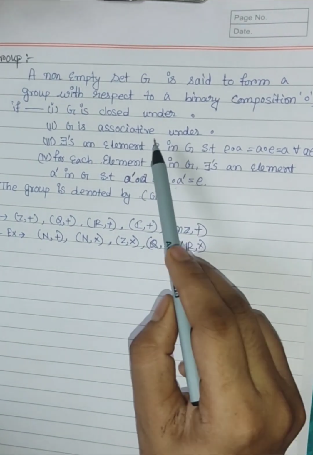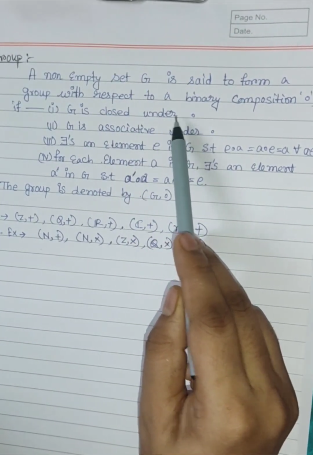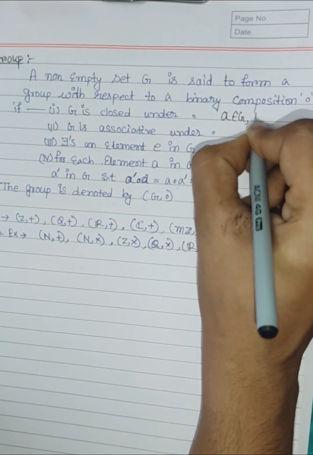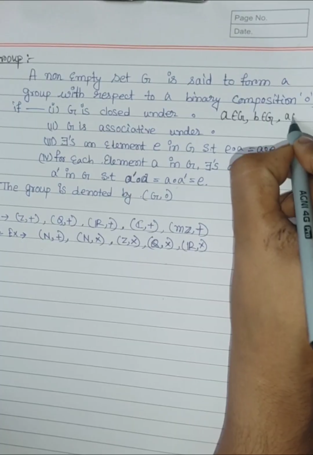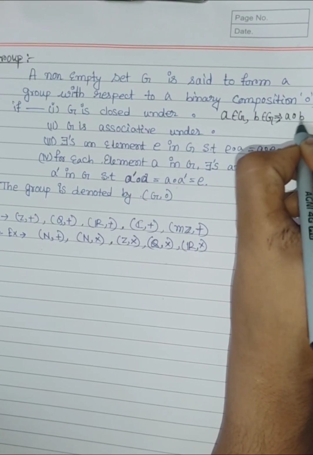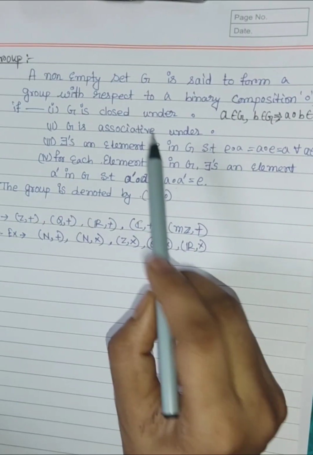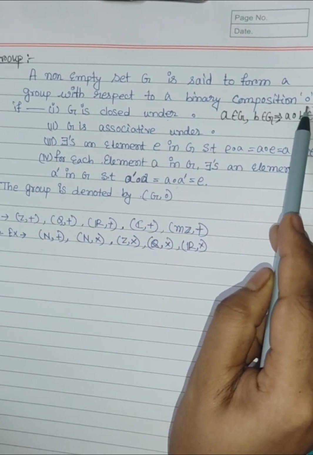So here as I read out these conditions, G is closed under not, that means if we take an element A belongs to G, an element B belongs to G, then we get that A not B also belongs to G. This means that the set G is closed under this binary composition not.